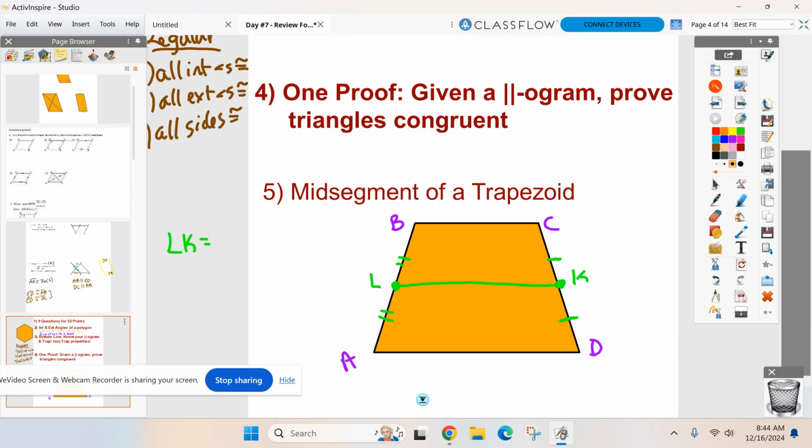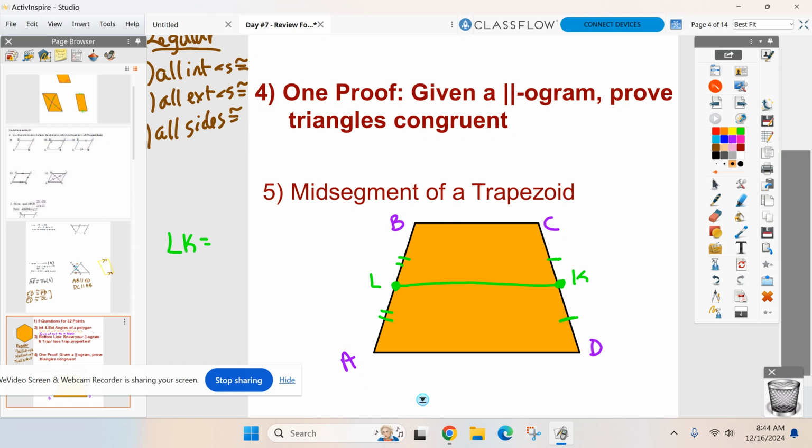Now we identified it's a mid-segment. How long is it? How do you find the length of every mid-segment? Isn't it the longest side minus the shortest side? What do you mean longest and shortest? If you're talking about these two, they have names.